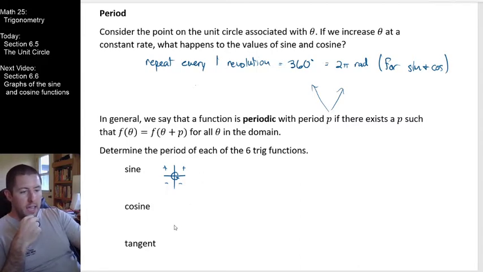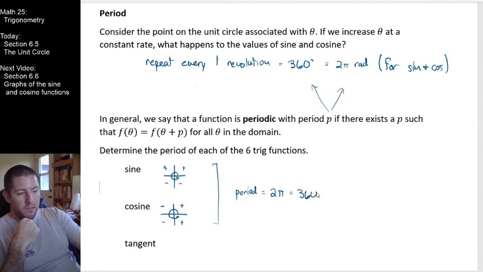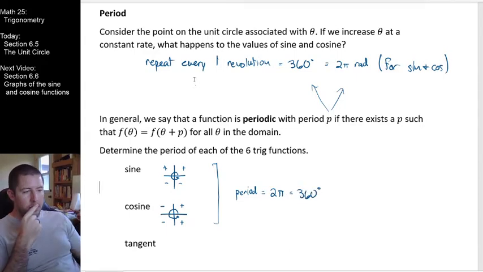In both these cases, cosine is positive, then negative, then negative, then positive. It takes one full cycle before we get back to fully repeating all the values. So for both of these, our period is 2 pi, or 360 degrees. That's how long it takes for us to start repeating the values that we've already seen.